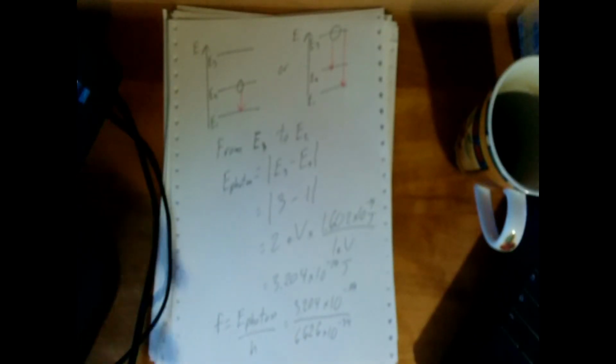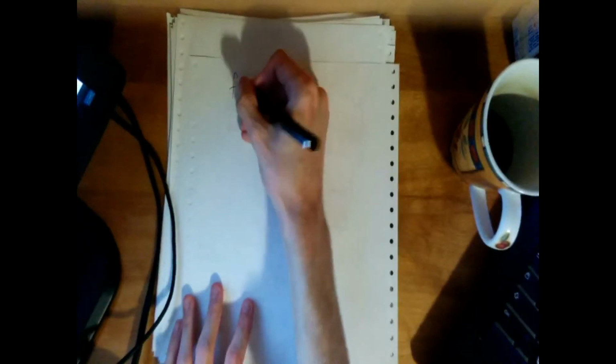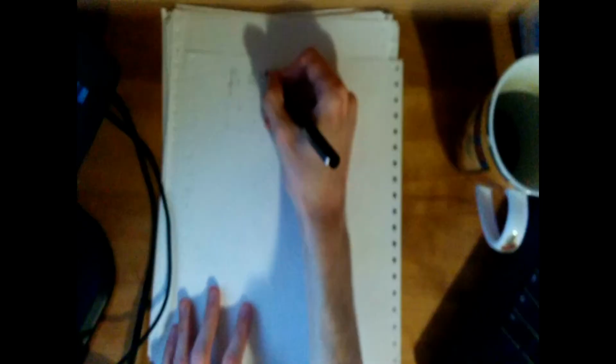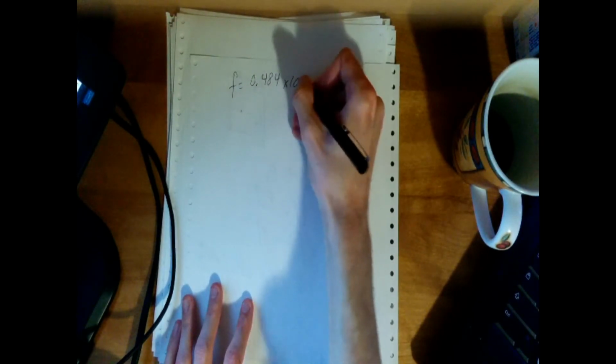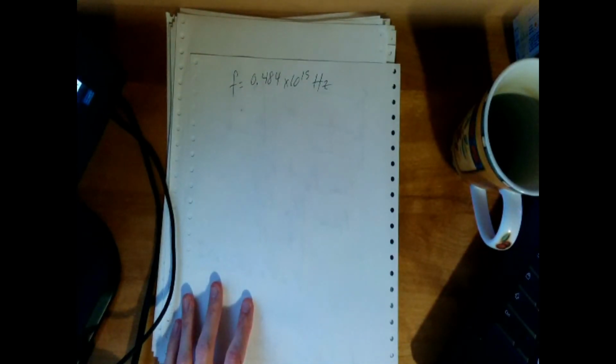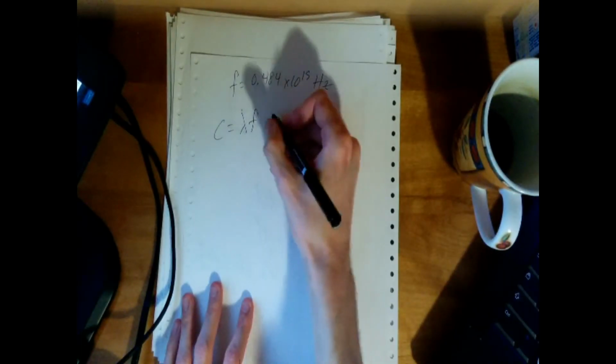We should get twice the value we had before, since the energy of the photon is twice what we had in B. We'll have 0.484 times 10 to the power 15 hertz. And from there, again, we can find the wavelength. C is equal to lambda times frequency.